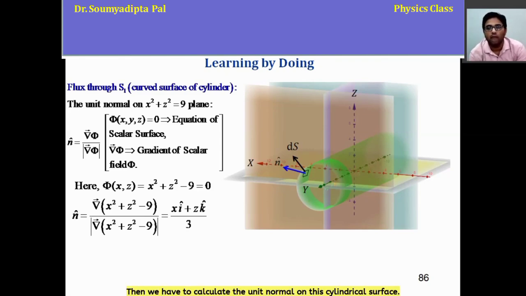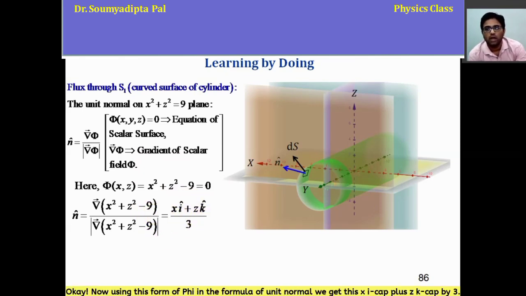Then we have to calculate the unit normal on this cylindrical surface, and that can be calculated by this formula, gradient of phi divided by magnitude of gradient of phi. Here the equation of the surface is x square plus z square minus 9 equal to 0, and you can consider phi as x square plus z square minus 9.